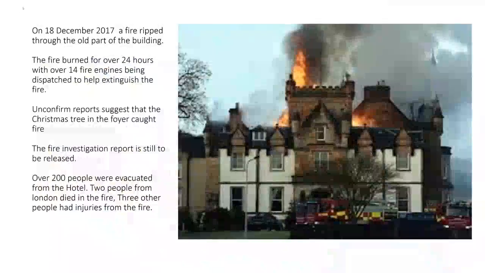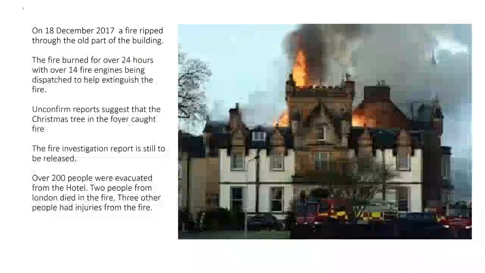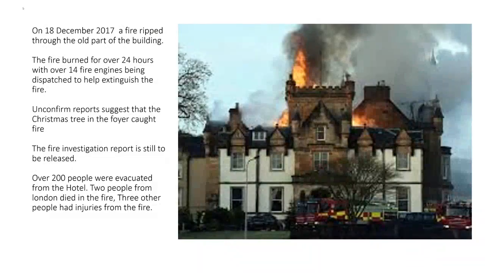On December 18th, 2017, a fire ripped through the old part of the building, and recent reports suggest that a porter had put hot ashes in a cupboard, and that's what started the fire. The fire burned for 24 hours, with 14 fire engines dispatched to extinguish it.